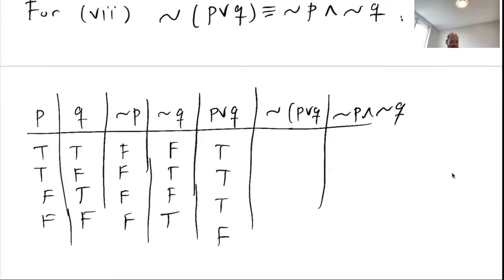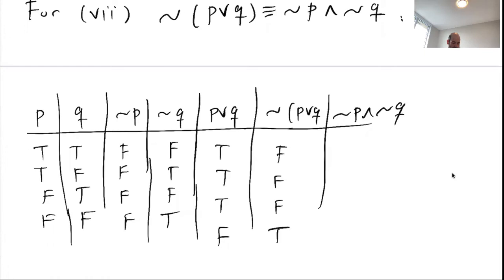And the next column is negation of P or Q. Right now, I already have P or Q. I just need to look at the last column that I wrote and negate it. Every true becomes false, every false becomes true. So true becomes false, true becomes false, true becomes false, false becomes true.